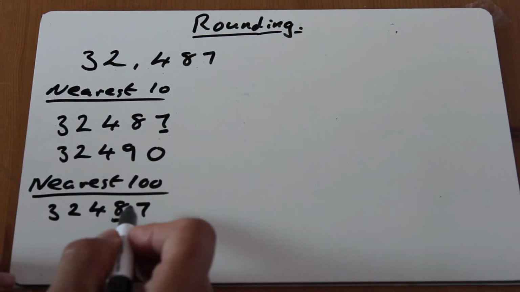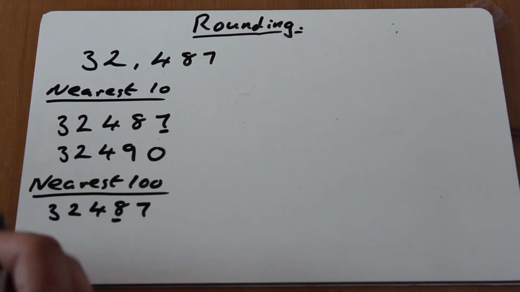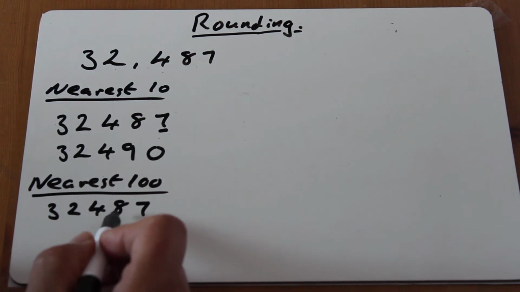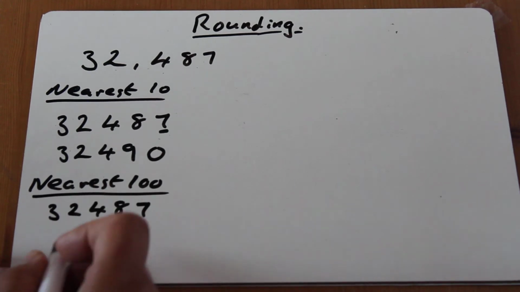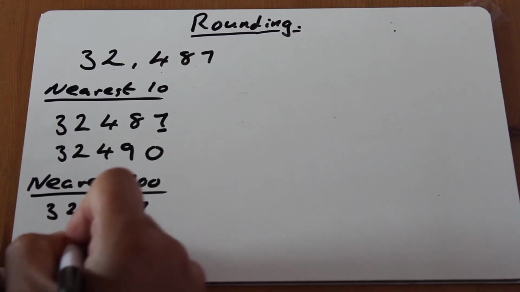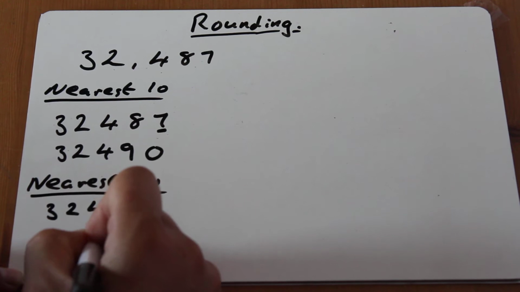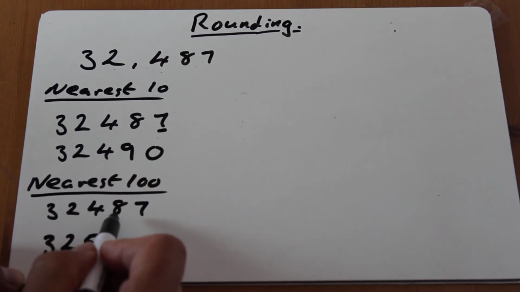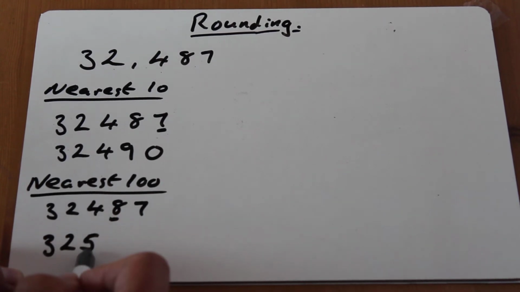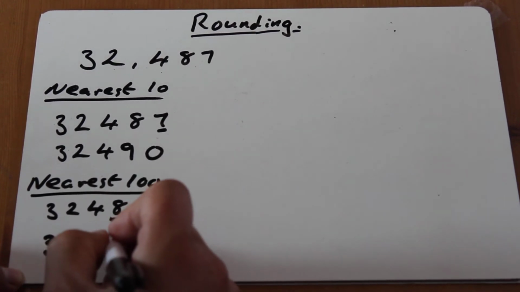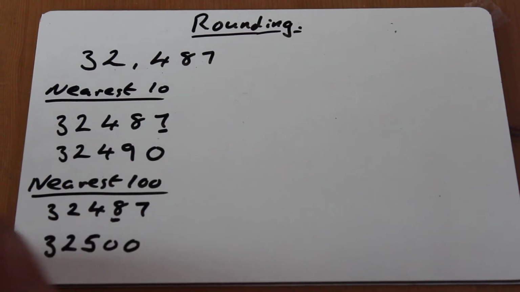Anything after this 8 just automatically goes to 0. Because this 8 is bigger than 5, it means it's going to increase the 4 by 1. So that means this now becomes 325, because this was more than 5, so it increases this by 1. So that's why I changed it into a 5. And everything else goes to 0.